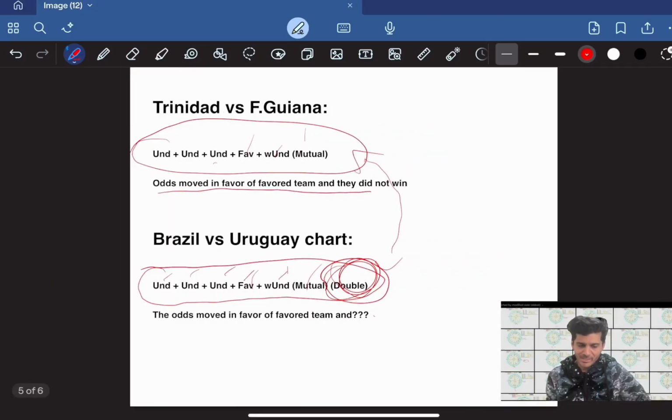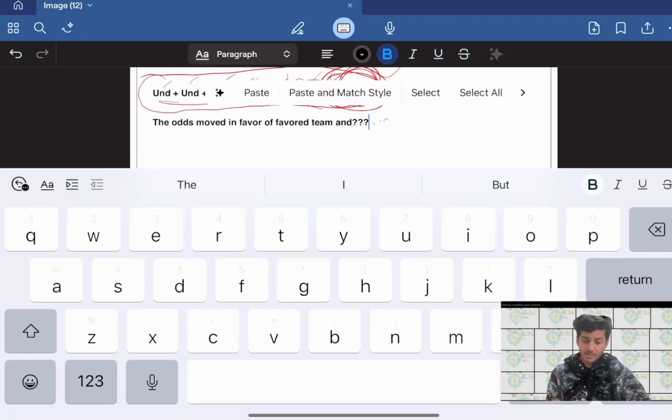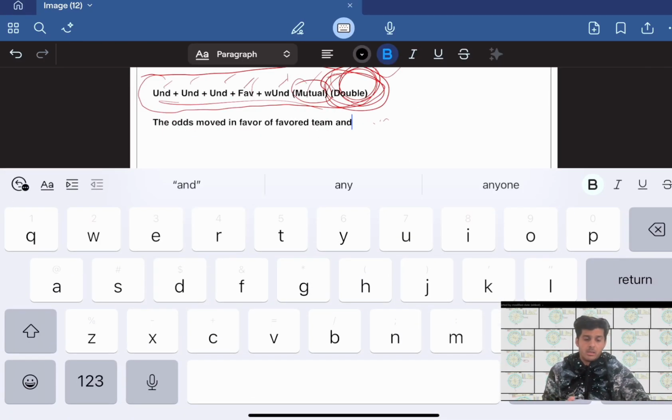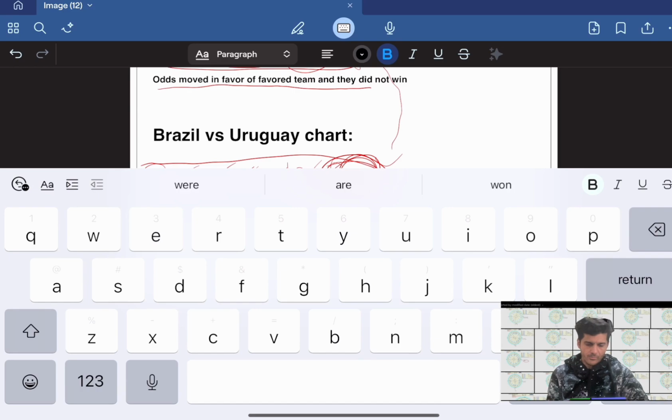For the Trinidad game, it was mutual with this configuration. For the Brazil game, it was mutual and double, right? And that's why they won, really. Yes. And the favorite team won. They won. There we go.